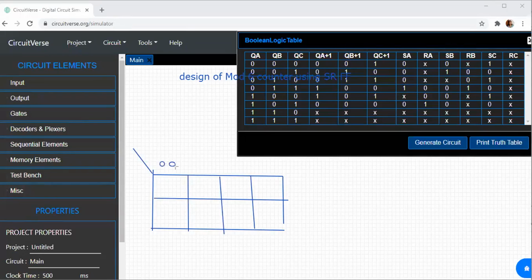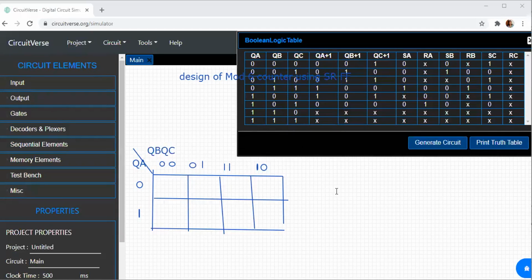Here I'll be having 0, 0, 0, 1, 1, 1 and 1, 0. This is 0 and this is a 1. And what about the axis? The axis will be QA, QB and QC, since we are following QA, QB, QC. So this axis it is QB and QC.